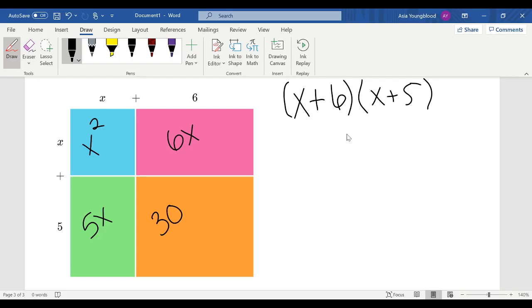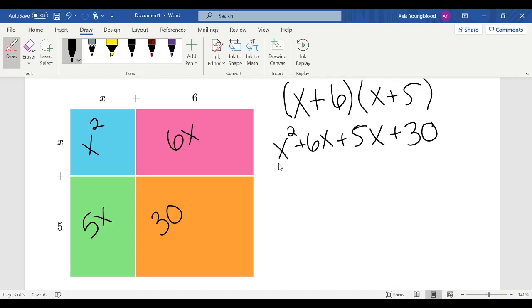So to actually simplify this multiplication, we just add all these terms together and take a look at what we can actually combine. To find the total area, we would do x squared plus 6x plus 5x plus 30. As we know from our previous session, we can only combine like terms. So the only like terms we have are the 5x and the 6x, because they both only have an x.